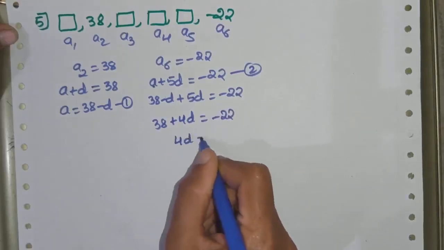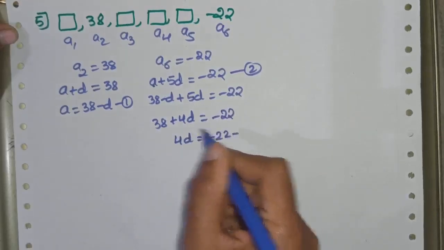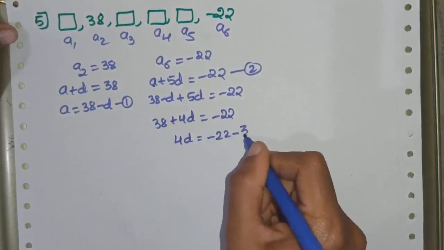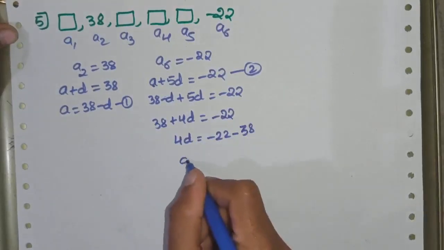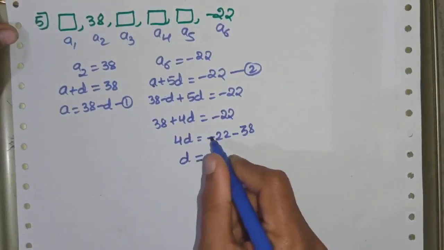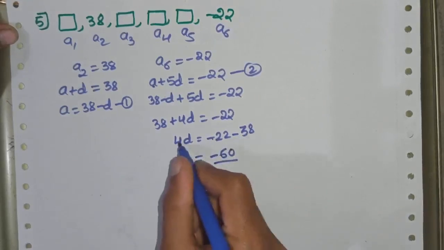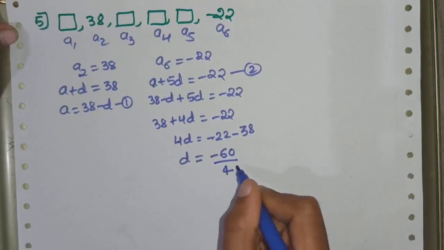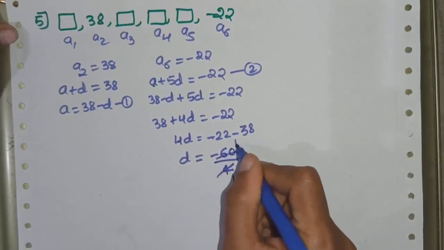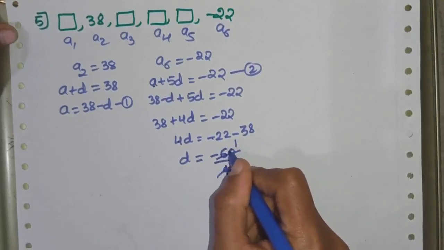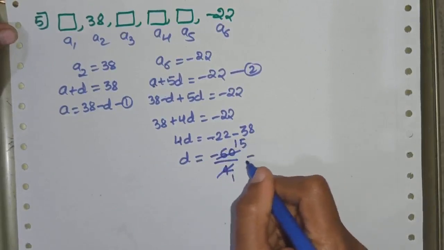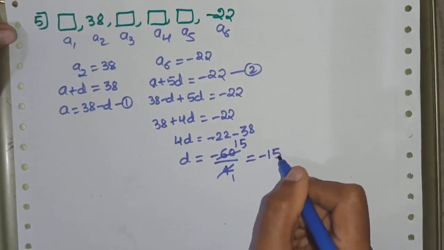Here 4D is equal to minus 22 plus 38 becomes minus 38. Yes, D is equal to minus 22 minus 38, which is minus 60. So into 4 becomes divided by 4. Here 4 1s are 4, 4 1s are 4. So 20, 4 5s are 20. This equals minus 15.